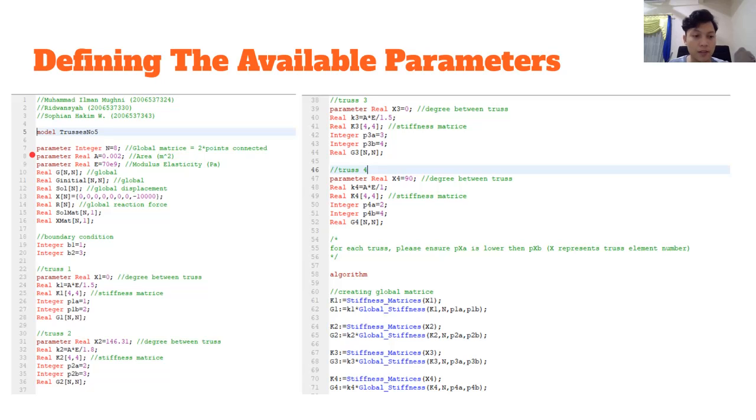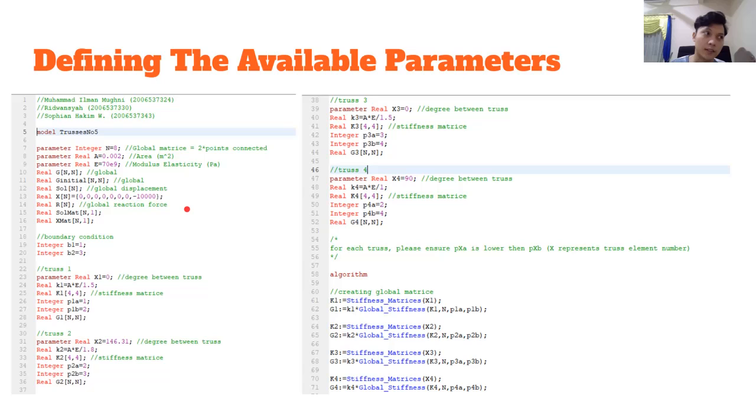The first step is to define all the parameters provided by the problem, such as the number of nodes, area, modulus of elasticity, and so on. Then we input their values in SI units, and then we input the external forces subjected to the member.